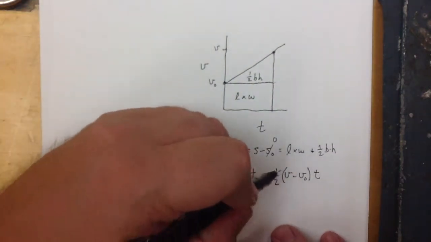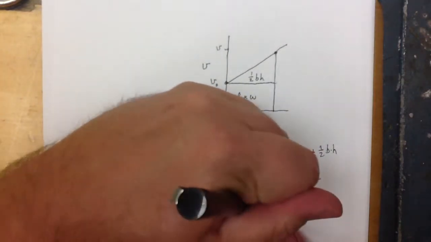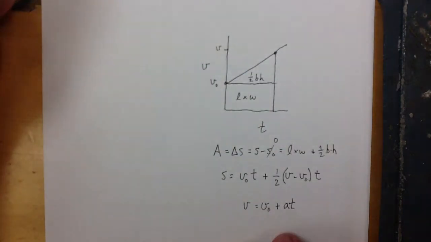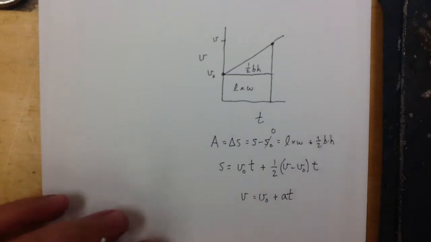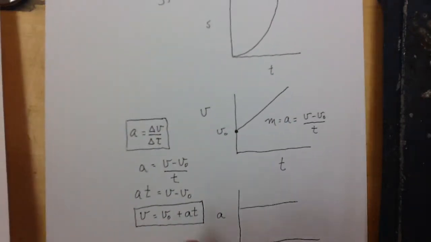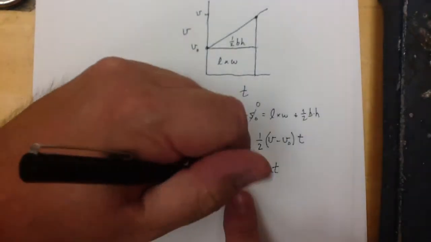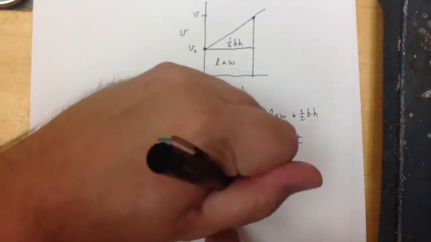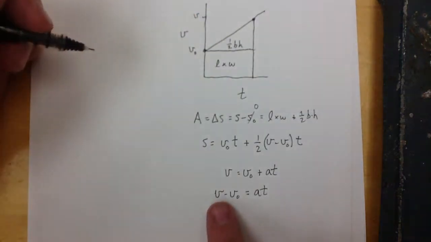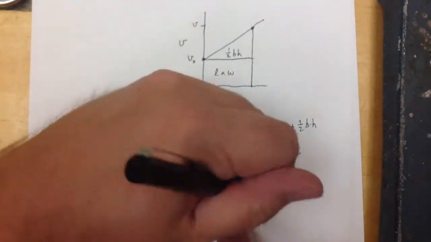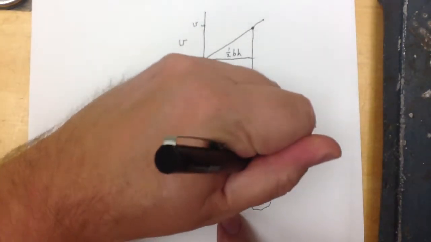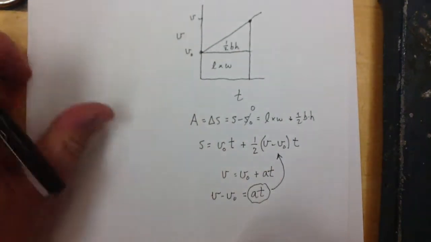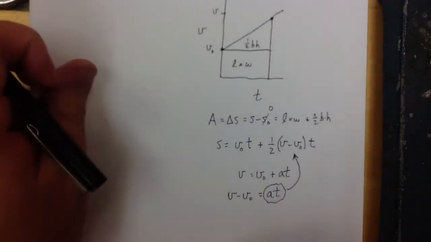Now, if you remember, we had an equation V equals V sub 0 plus AT that we had already developed. That was back here. If I were to solve this so that I have V minus V0 equals AT, now I could substitute for V minus V0 with values that we know. So this V minus V0 is equal to A times T, and that comes from the equation we developed right here.